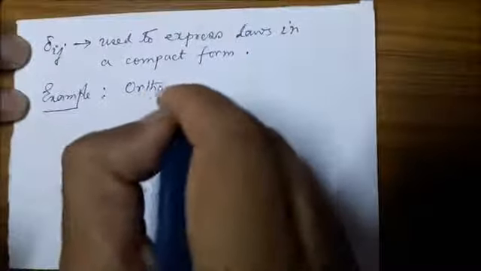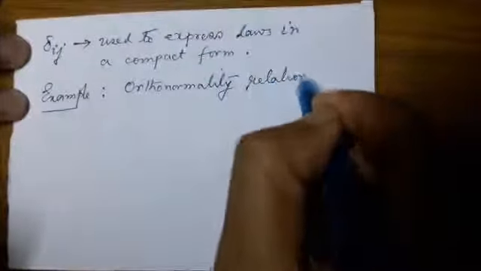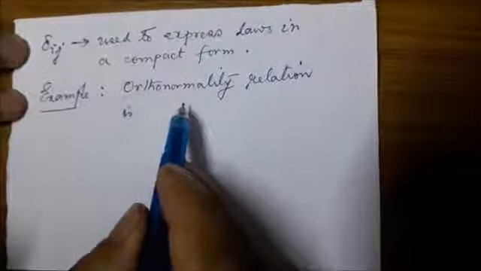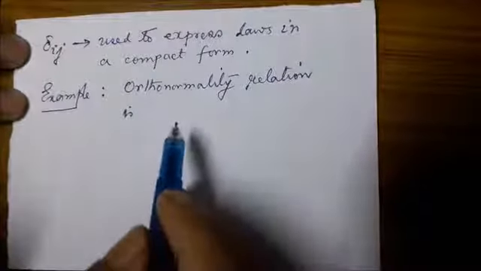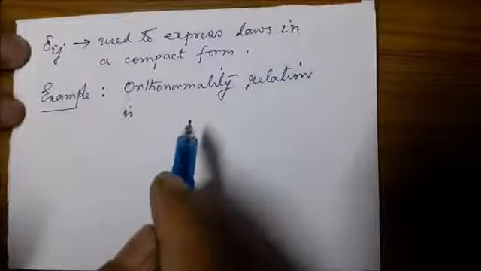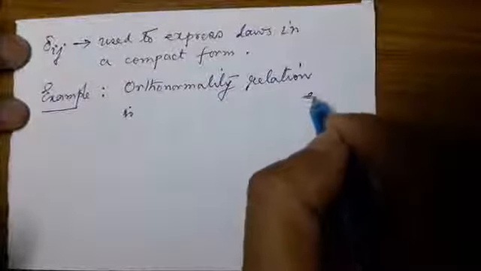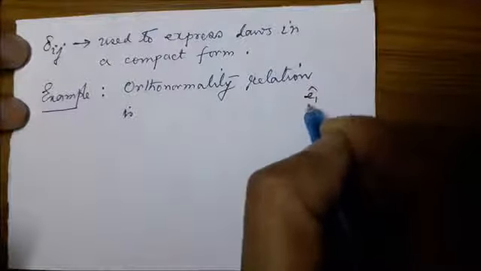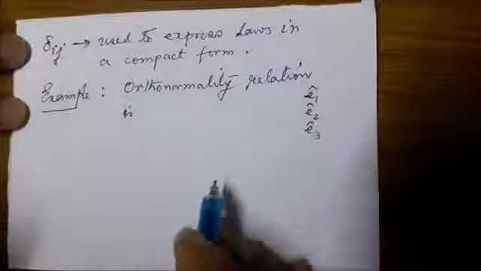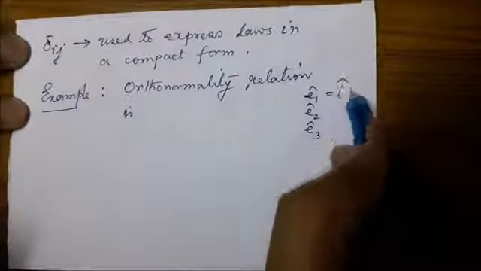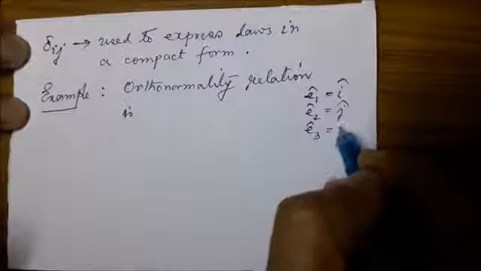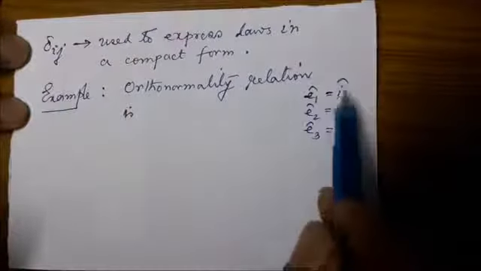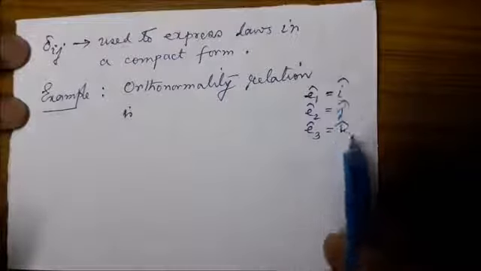Orthonormality relation, which we will discuss in a later video. There is a very important relation involving the unit vectors, say e1 cap, e2 cap, e3 cap, and they might be i cap, j cap, k cap, or you can write in terms of x hat, y hat, z hat.